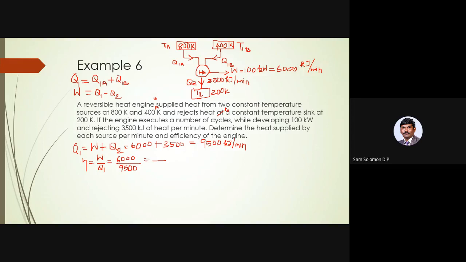This is where what we just saw helps: Q1 by Q2 is equal to T1 by T2. We saw this result in the absolute thermodynamic temperature scale. I am now going to use this.